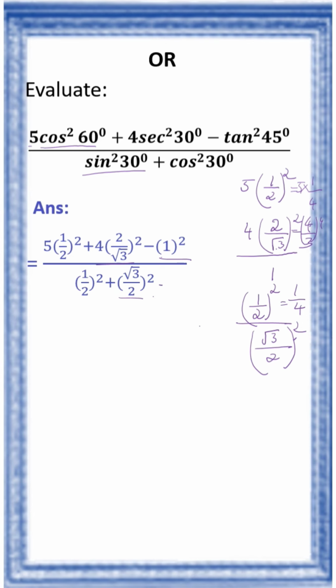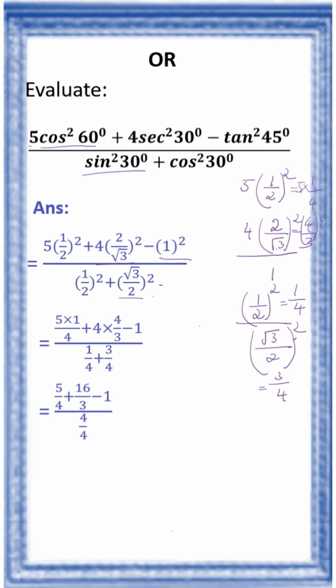This one, root 3 by 2 the whole square, is 3 by 4. Now let us substitute. 5 into 1 is 5. In the next step 5 by 4. Here 16 by 3 minus 1. 4 by 4 is 1. So no need of writing this portion.